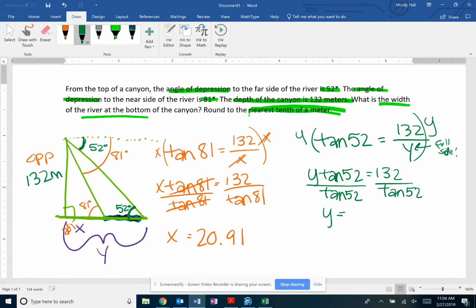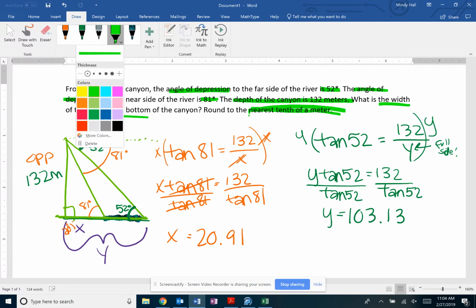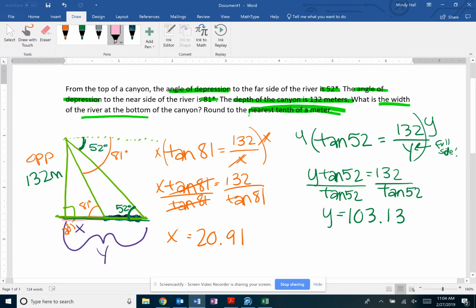So Y equals 132 divided by tangent of 52, which is 103.13, and that one also rounded up. So now I know that this full length is 103.